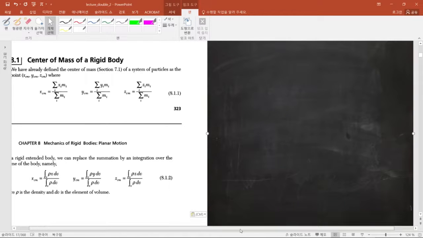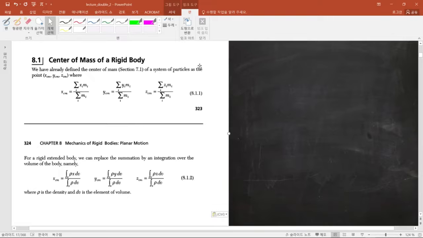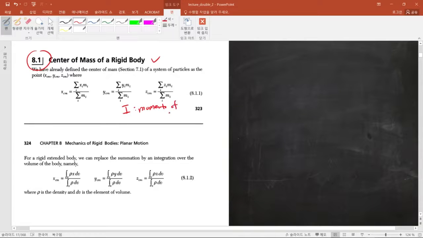Now we start with chapter 8. In this section we'll just calculate some of the center of mass. So this is an exercise section, because you must be able to calculate many quantities, center of mass, for example, and also the moment of inertia, and all these things are just basic quantities.